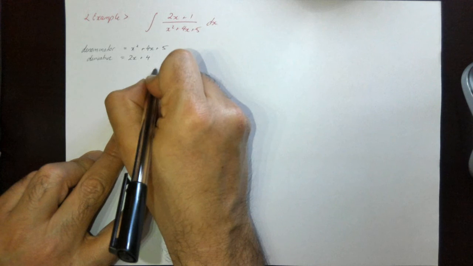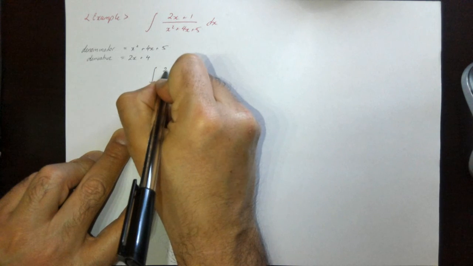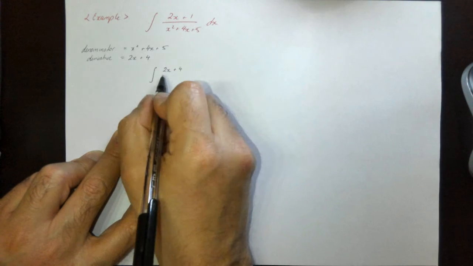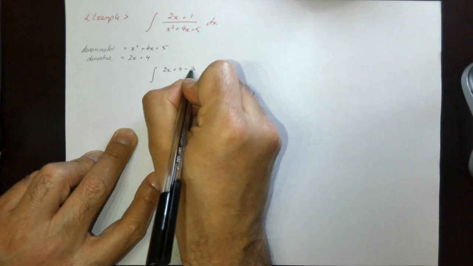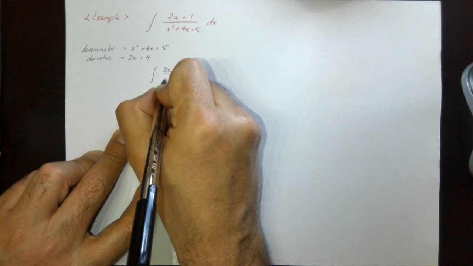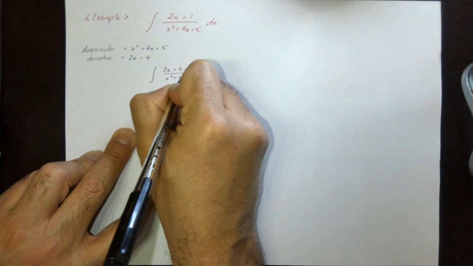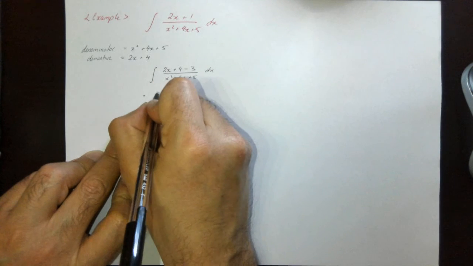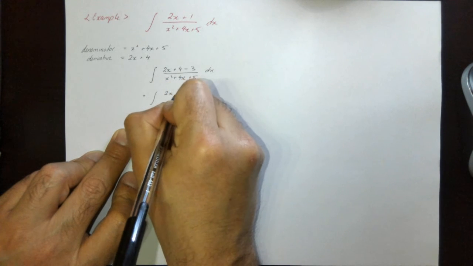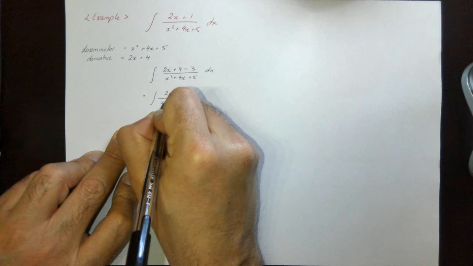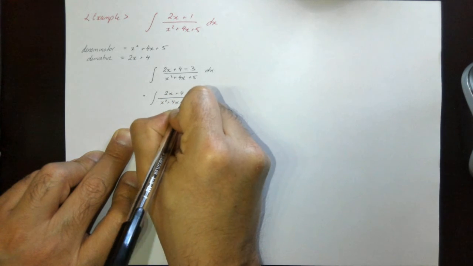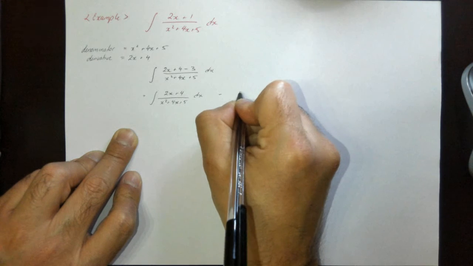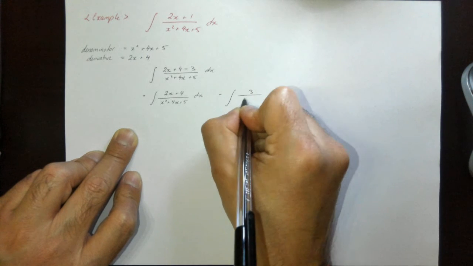So what we're going to try to do is, well, 2x plus 4, I need to actually subtract 3 to get plus 1. Which means I get 2x plus 4 minus the integral of 3.